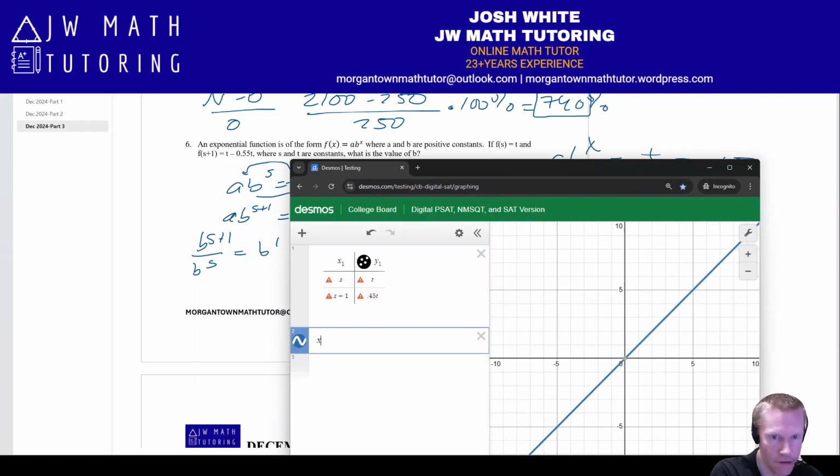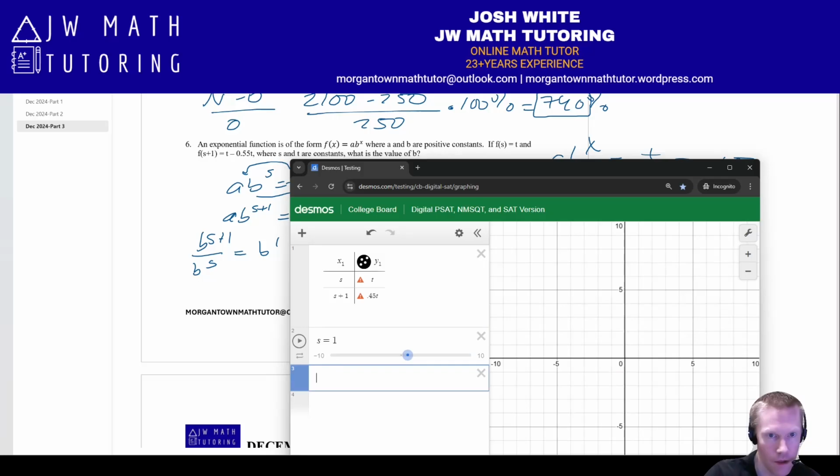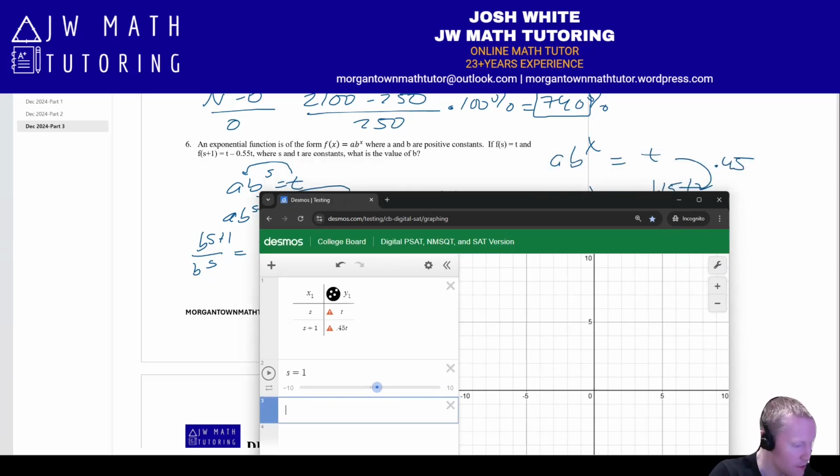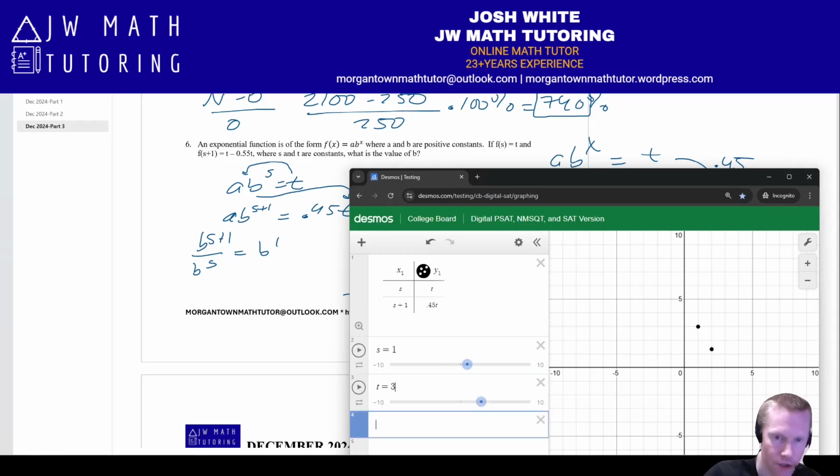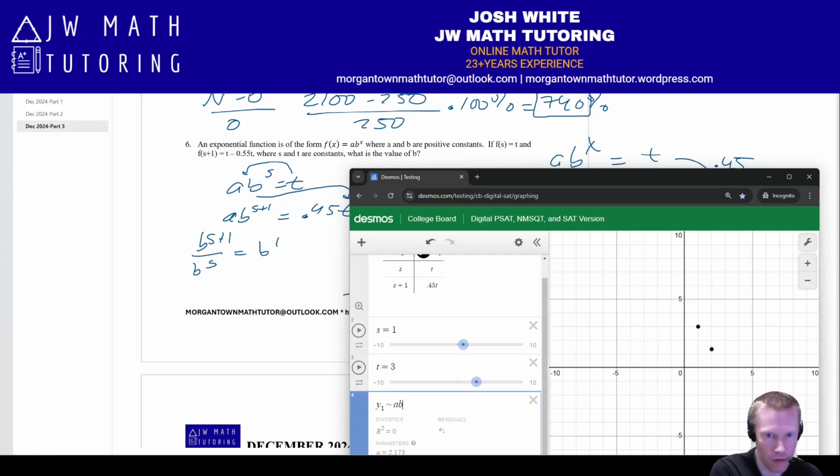Now, I'm going to let s just equal 1, and I'm going to let t equal 3. Okay? So these values you can pick. There's nothing that says, like if s is 1 that t is 3, or t has to be 4, or if s is 2, t is 3, whatever. That part is not relevant. It doesn't matter. You can pick values for s and t just so long as they're going to give you these 2 points here. Now we can go ahead and just do an exponential regression.